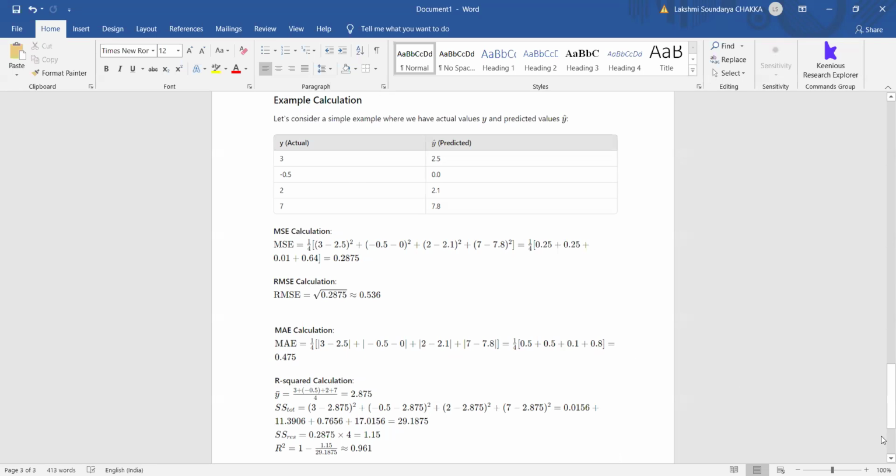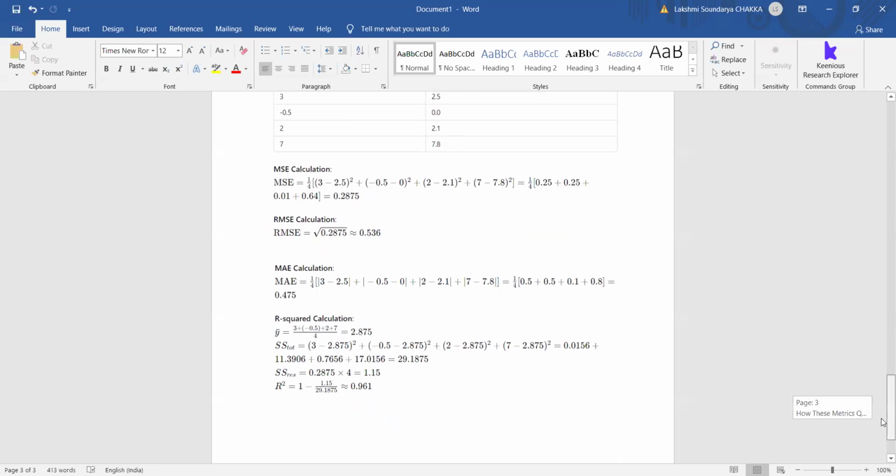Next, last but not least, is the R squared calculation. First, y dash is equal to the mean of all these values. Let's add them all: 3 plus minus 0.5 plus 2 plus 7, and we have 4 values, so divided by 4. We got 2.875.